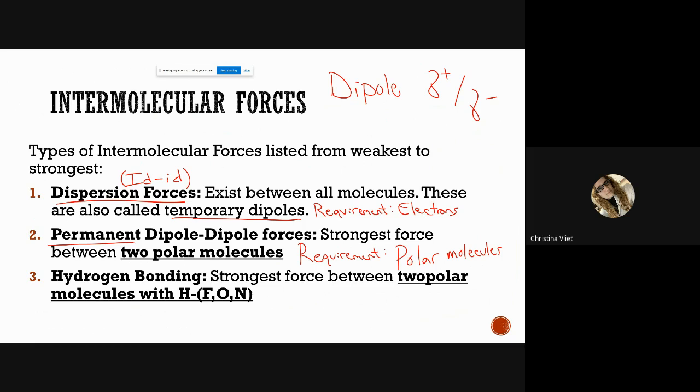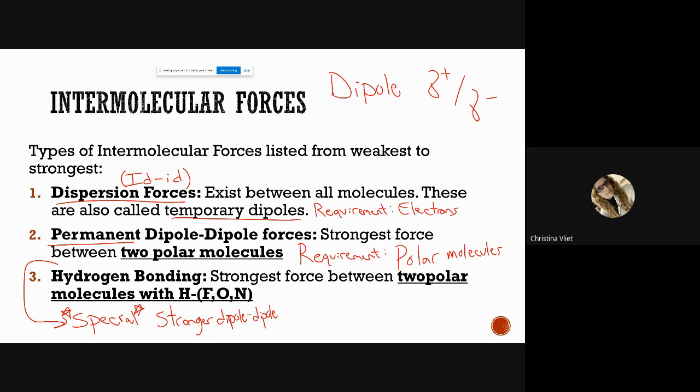Finally, hydrogen bonding is a special, stronger dipole. So it still requires permanent polarity, so permanently polar molecules.